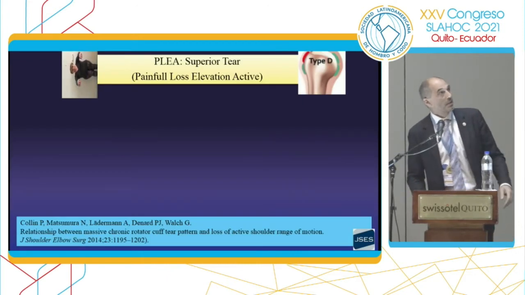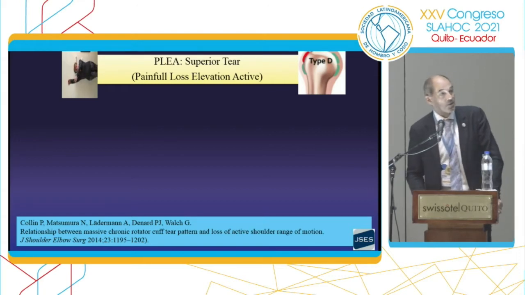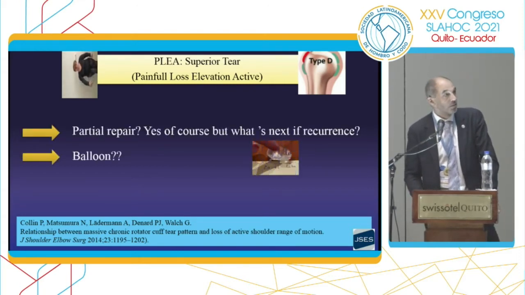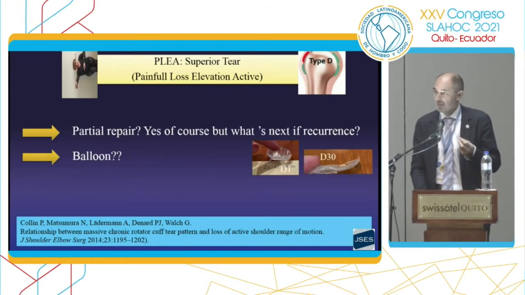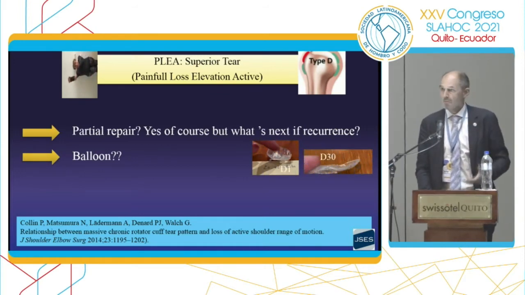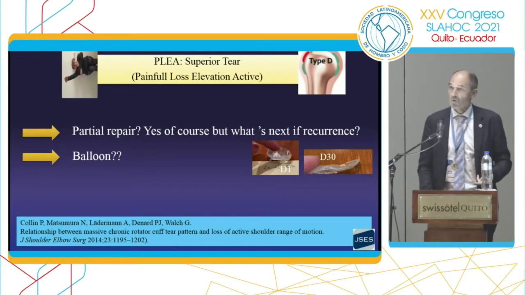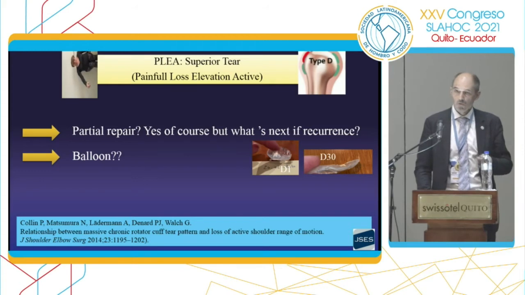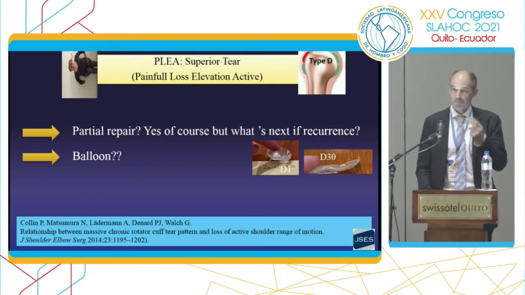So, if I come back to my first video, the PLEA, you remember the painful loss of elevation active, maybe what you call the cerebroparesis. In that situation, you can propose a partial repair. Yes, of course, I did it. But what next when it doesn't work? Because sometimes it doesn't work. So you do a second partial repair, you cut the biceps a second time. Pascal told me, just cut the biceps a second time.